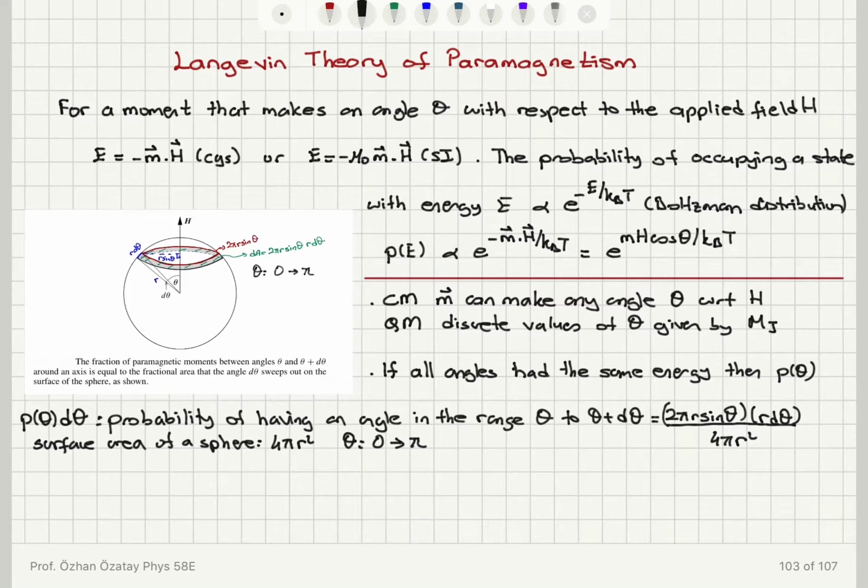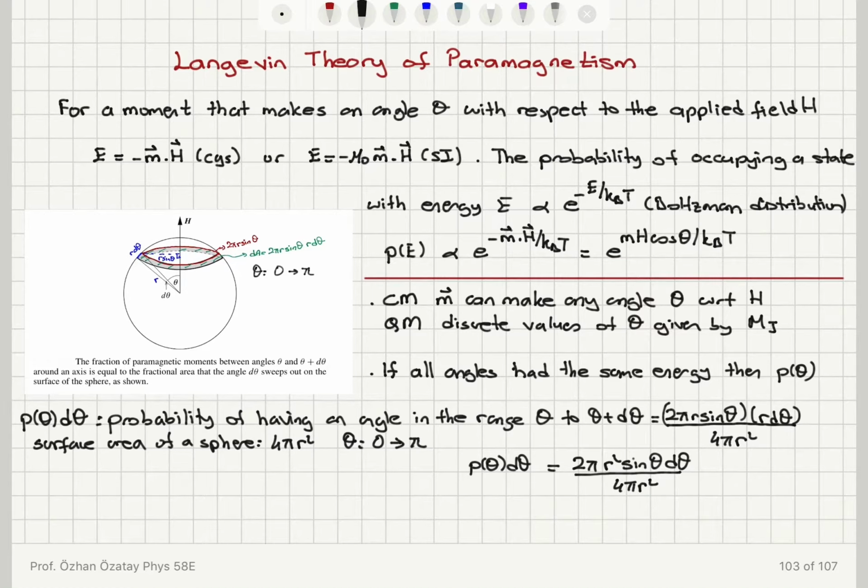Okay, so that is basically giving me for P of theta d theta, 2 pi r square sine theta d theta divided by 4 pi r squared.